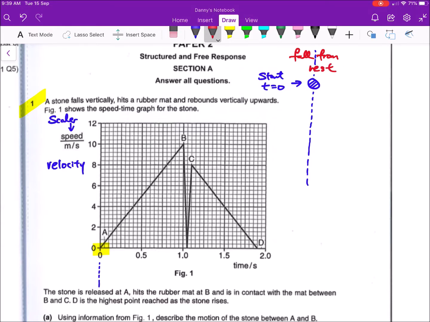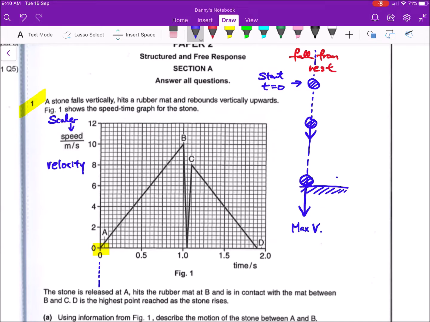Okay, so what happened is that when this rock fall, it actually hits a rubber mat at the bottom and rebound. So at first it is having v equals to 0, and then it is falling downwards. Just before it reaches the mat, it will reach its maximum speed.